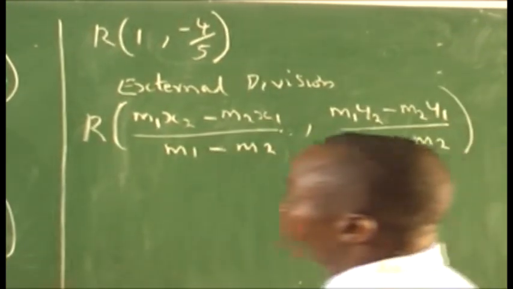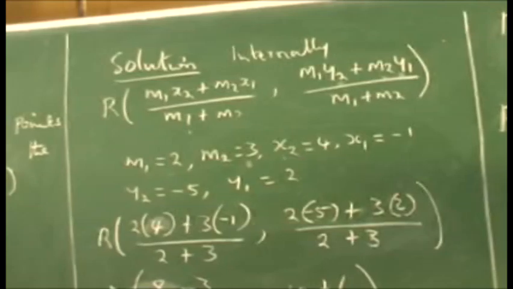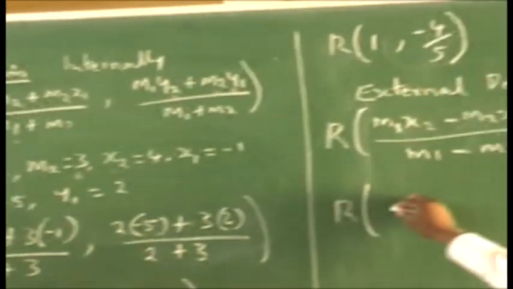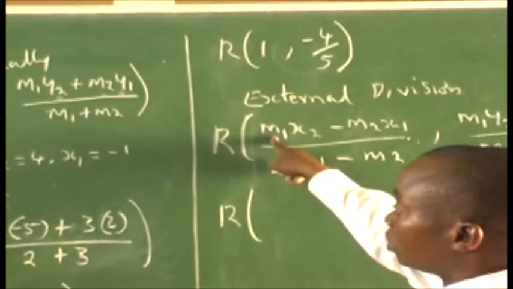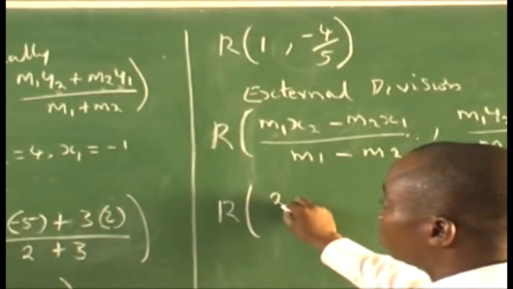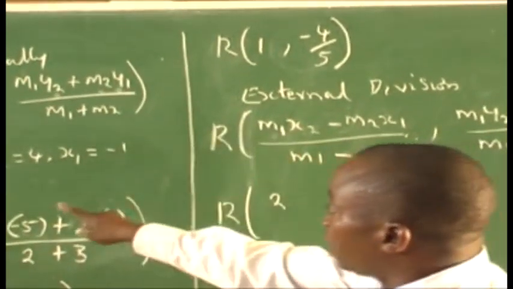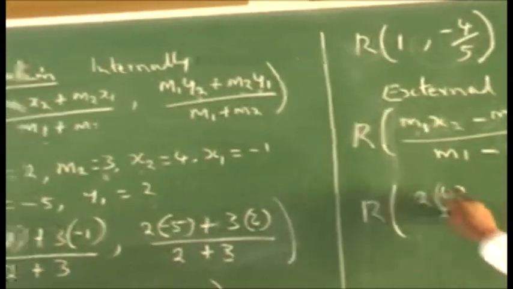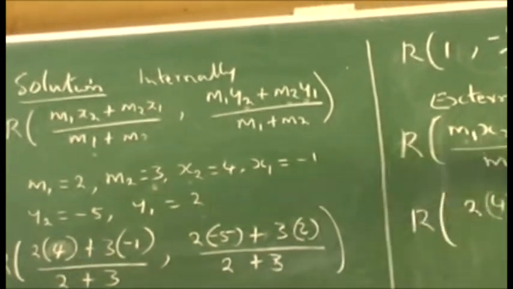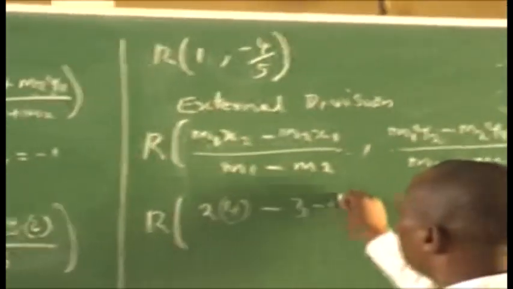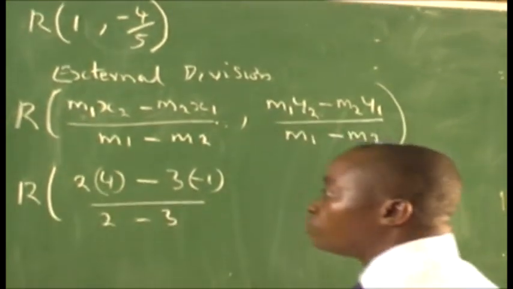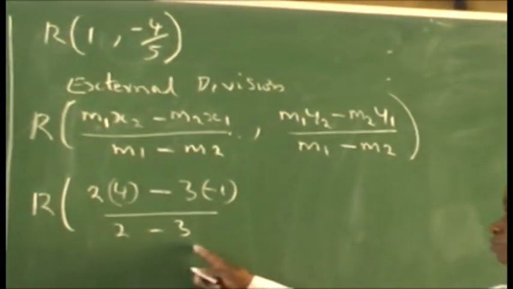So if we substitute these values into this formula, then we have M1 is 2, then we have X2 is 4, minus M2 is 3, then we have X1, which is minus 1, all over 2 minus 3, that is M1 minus M2.